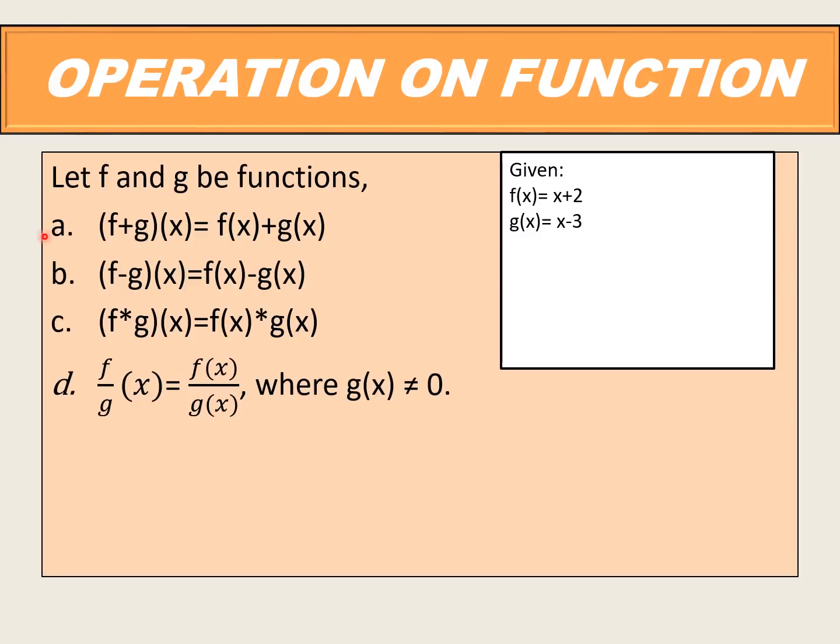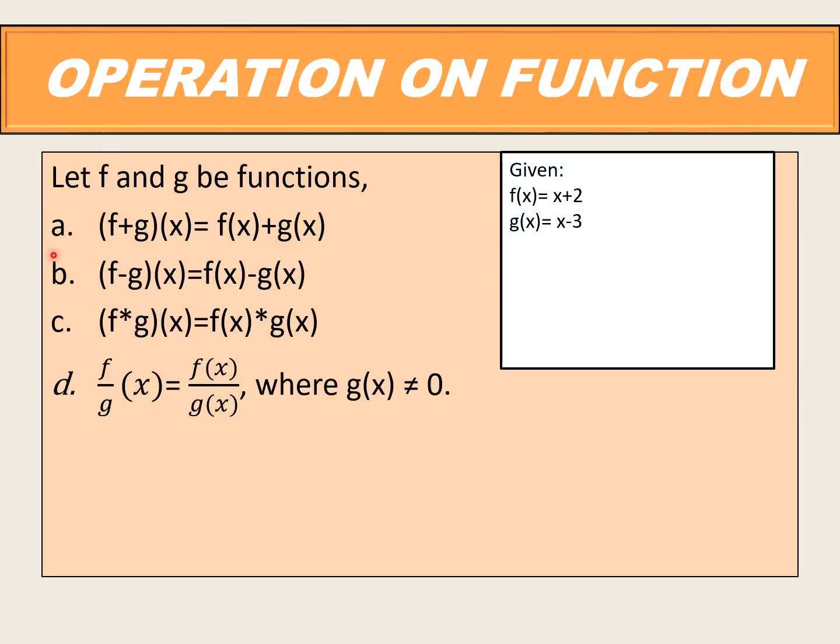Our first item, letter A, we have here the sum of the two functions f and g, because according here, let f and g be the given functions. So let's say that we have two functions, named function f and function g.